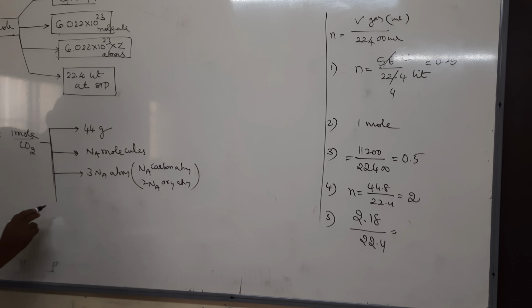For example, if the question is: 1.5 moles of oxygen occupy how much volume? 1 mole is equal to 22,400 ml, but we want 1.5 mole, so it is 1.5 into 22,400 ml.